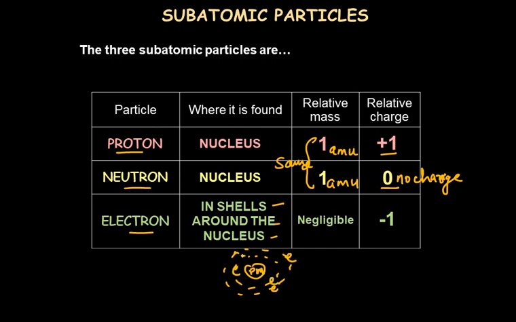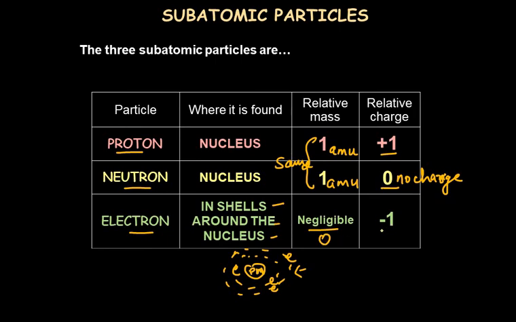Now there is a method of distribution of electrons in these shells which we'll learn later on in other videos, but we need to know that the nucleus carries protons and neutrons, and the shells around the nucleus carry the electrons. Now the relative mass of electrons is negligible, so compared to protons and neutrons, you can say that the mass of electrons is almost 0 or negligible.